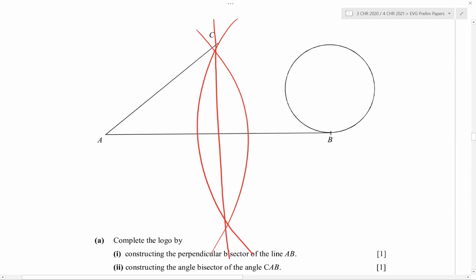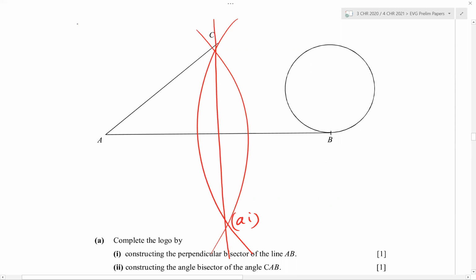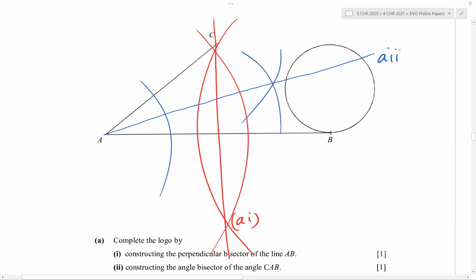So this is our A part 1. Angle bisector CAB. Draw the arcs, draw the 2 arcs, and join. So this is our A part 2.